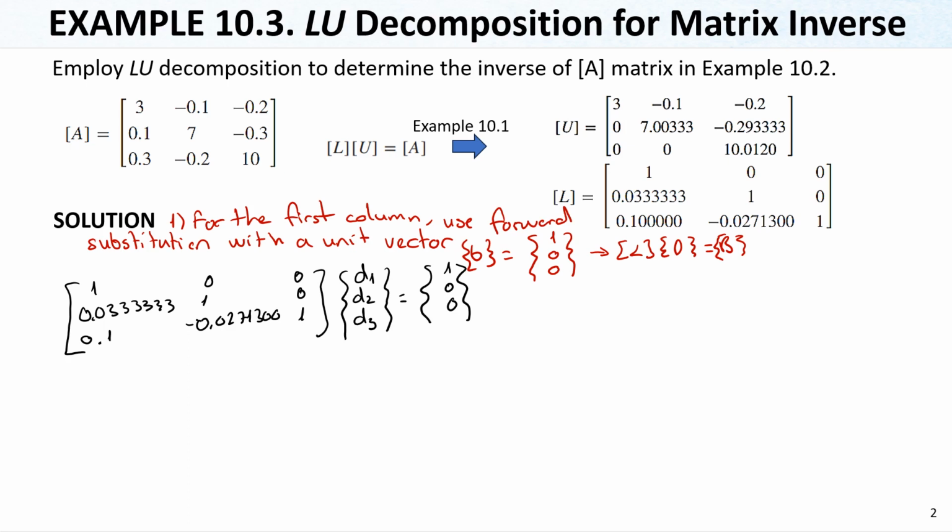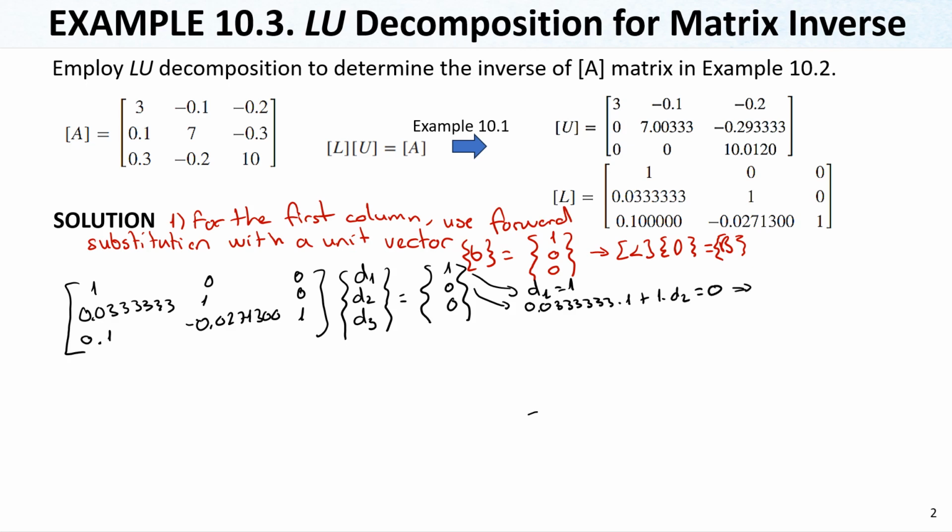It's just 1, 0, 0. So let's solve for this. For the first term, D1 becomes 1. For the second term, 0.033333 times D1, which is 1, plus 1 times D2 is equivalent to 0.